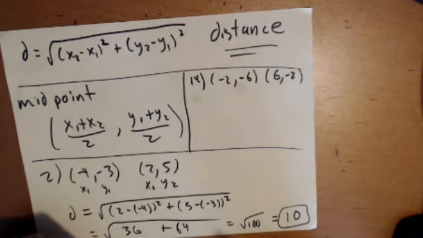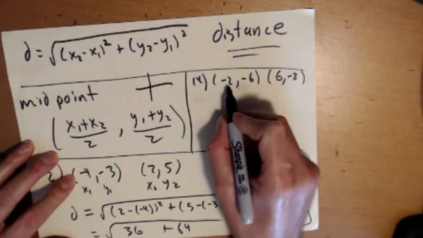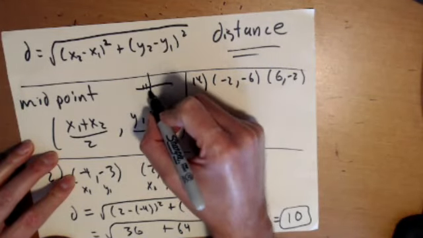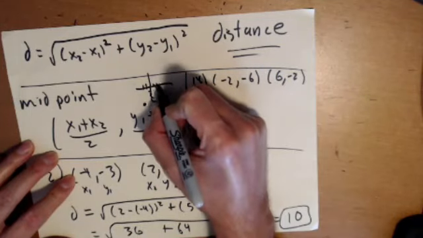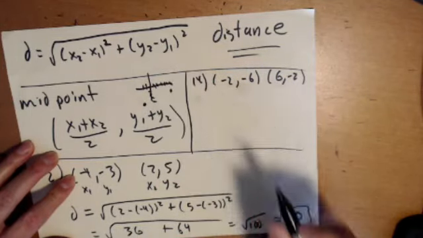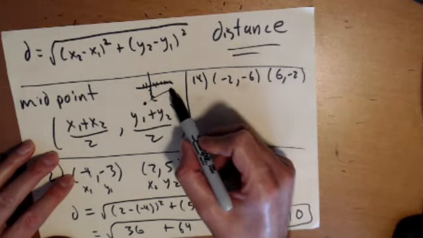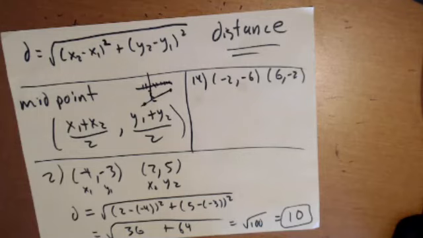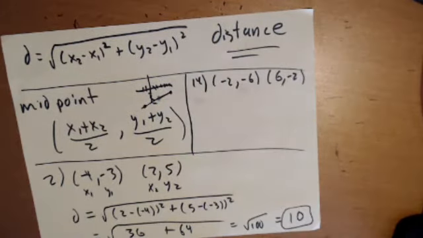That's the midpoint. So graphically speaking, you have -2, -6: back 2, down 6. It's like right here. Then you have 6, -2: 1, 2, 3, 4, 5, 6, down 2. It's like right there. If you have those 2 points, think of it like a line. We're trying to find the point right between them, the middle. So it's probably somewhere around there.